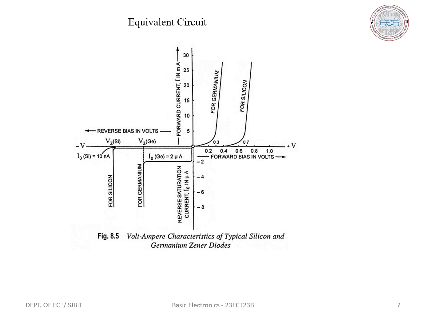The value of Vz can be precisely controlled by controlling the doping levels of the P and N regions at the time of manufacturing a Zener diode. After breakdown has occurred, the voltage across the Zener diode remains constant, equal to Vz.